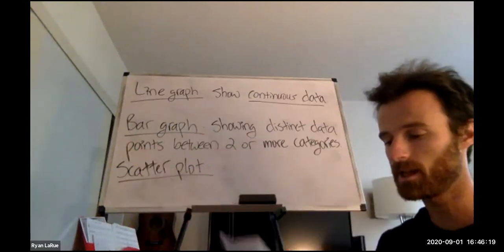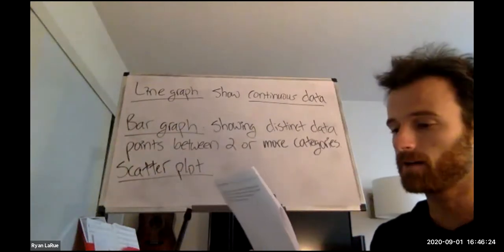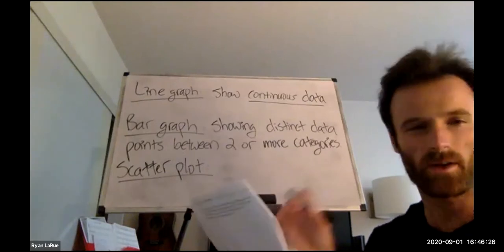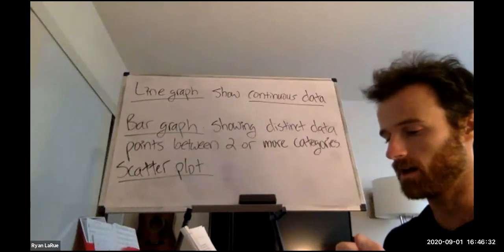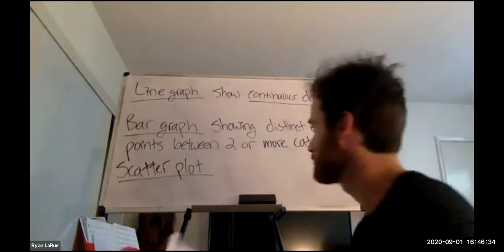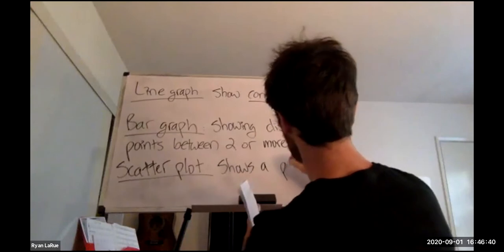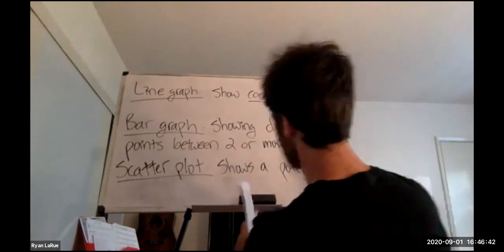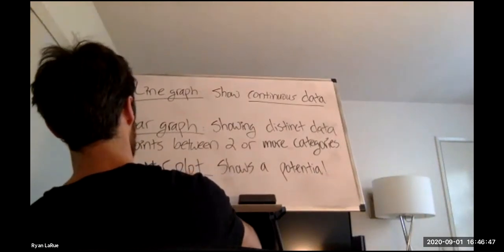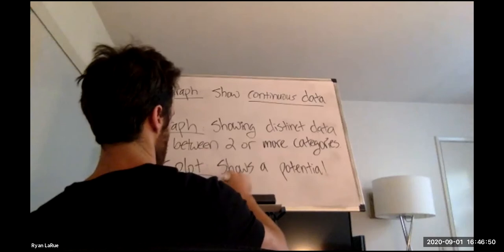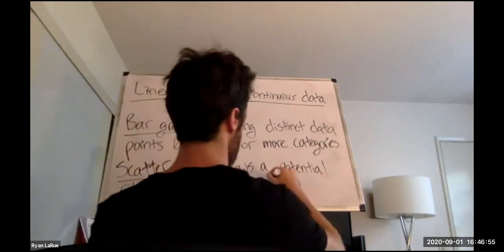But for a distinct thing like the number of votes for a favorite dog, you can't have like 4.5 votes, right? It's a distinct thing. It's not continuous. So that's worth mentioning. A scatter plot shows a potential relationship between two variables.